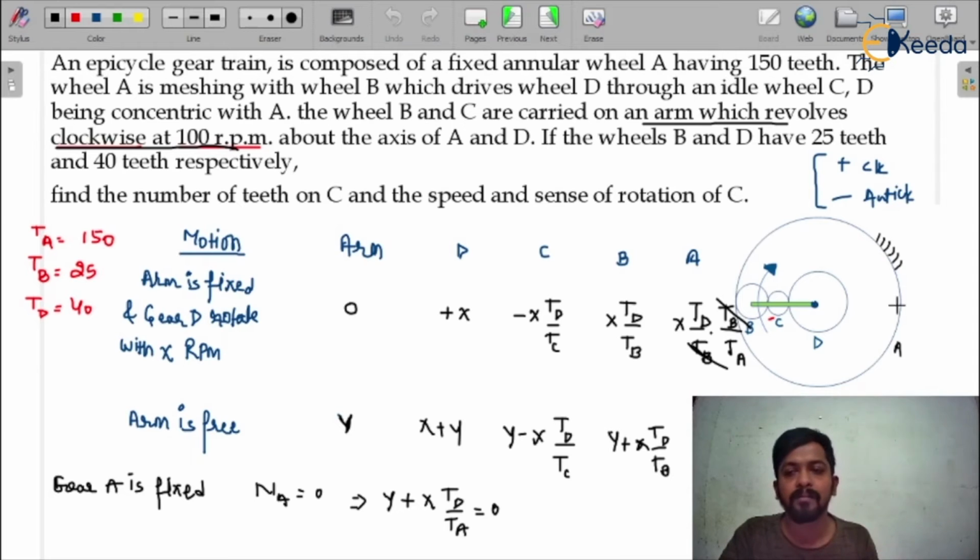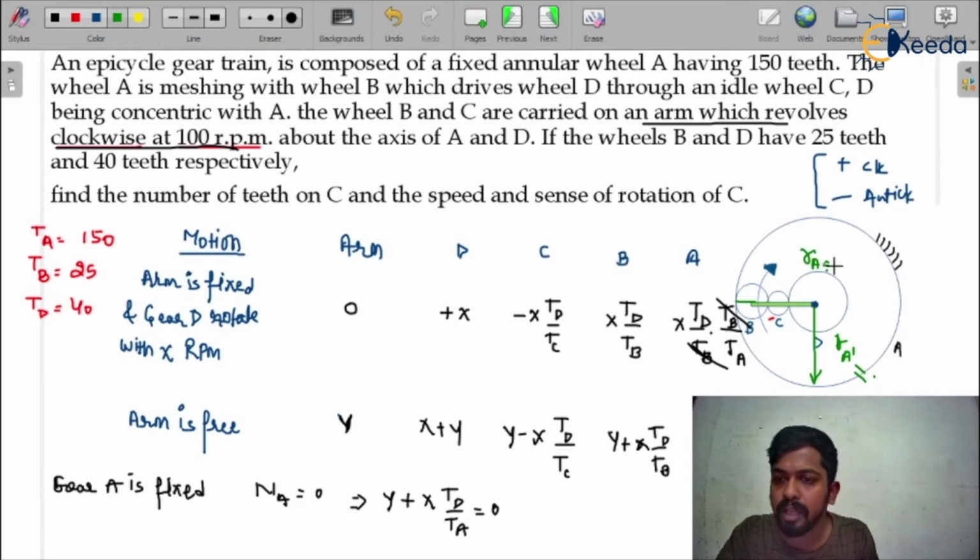How can we calculate? See here, when you see the diagram, this is the radius of the annular wheel A, and that is equal to, what?